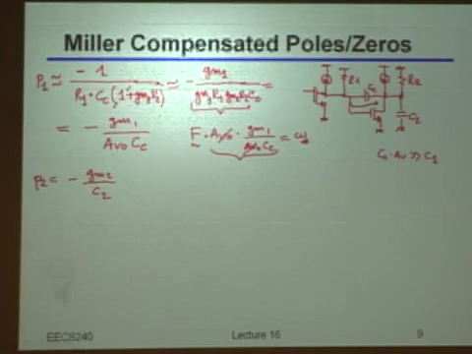Is it a positive zero or a negative zero? How can you very quickly see this? If it's a positive zero, there should be a frequency where you have a gain of zero.